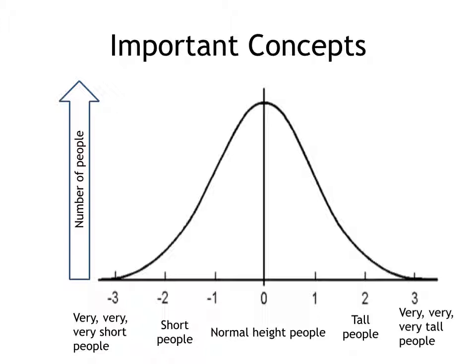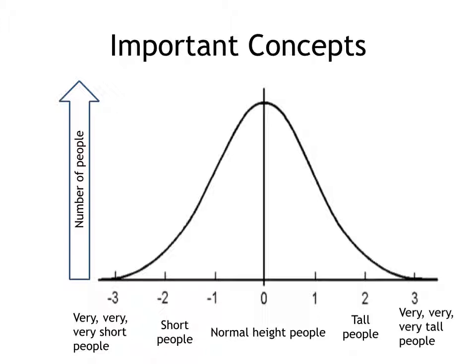Now, if I go out one standard deviation either way, to the left, I'm starting to get to the short people. And if I go one standard deviation above and moving on to two standard deviations, that's the tall people. So between the two standard deviations below and the two standard deviations above, 96% of the population, their height fits right within that part.